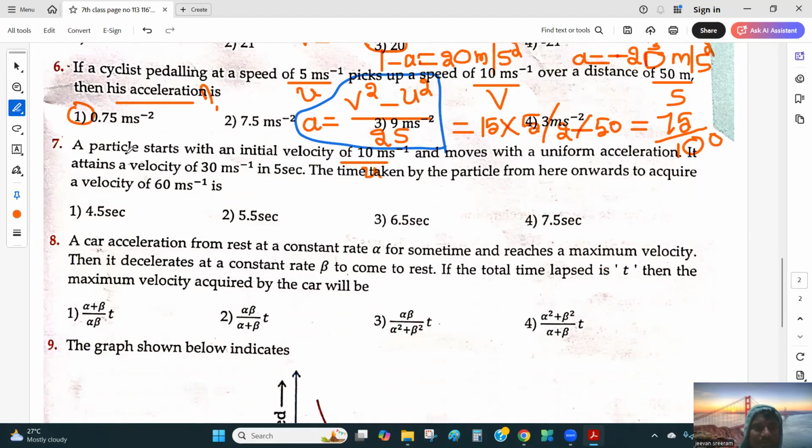It moves with uniform acceleration and attains velocity v in 5 seconds. So you got t as well. Time taken by the particle from here onwards to reach 60: what's the time taken to get 60 meters per second?